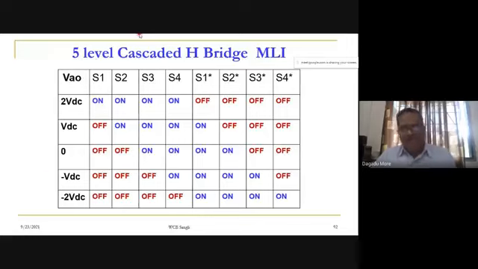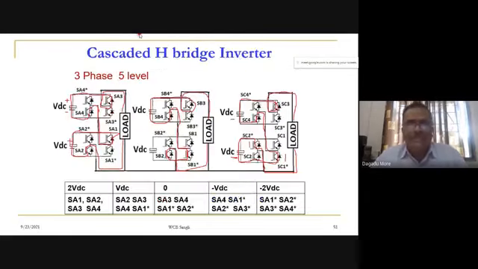So what is its interpretation? The same control technique, the same multiple carrier PWM, we can use for the 5-level cascaded H bridge multi-level inverter. Whatever control technique we discussed for the 5-level diode clamped MLI, the same can be used for the 5-level cascaded H bridge inverter.